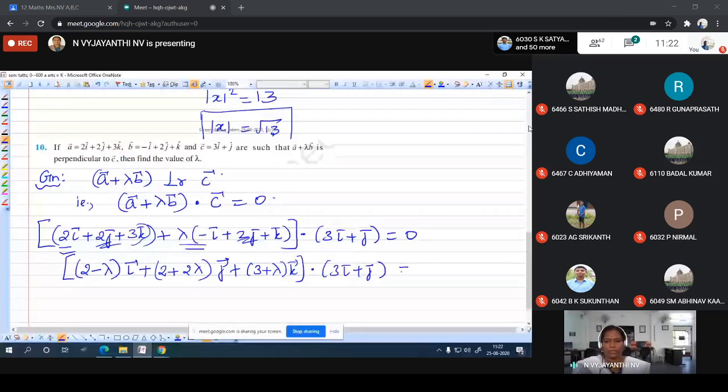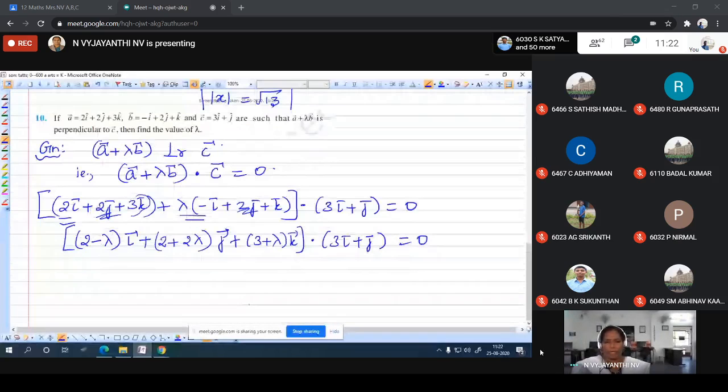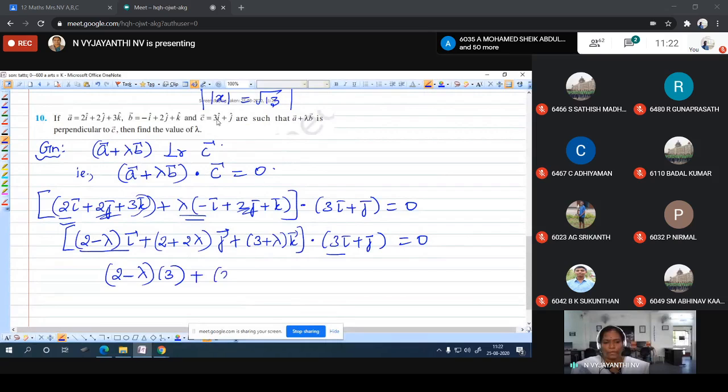Now if you consider this dot product, we take the i components: 2 minus lambda into 3, j component 2 plus 2 lambda into 1, k component 3 plus lambda into 0, equal to 0.